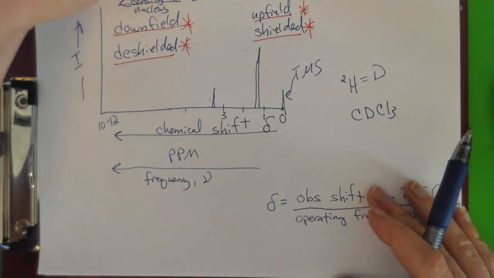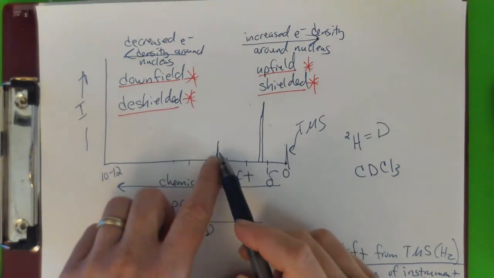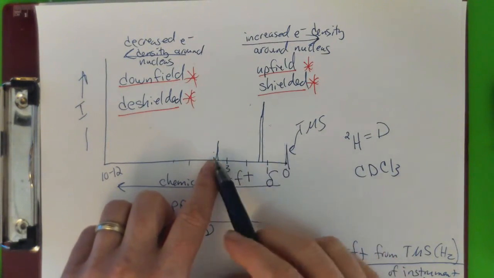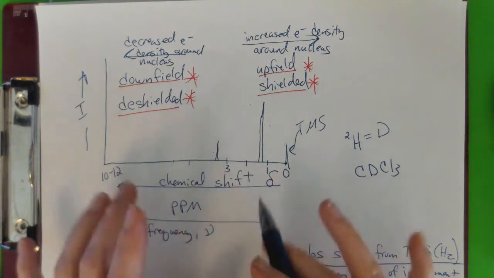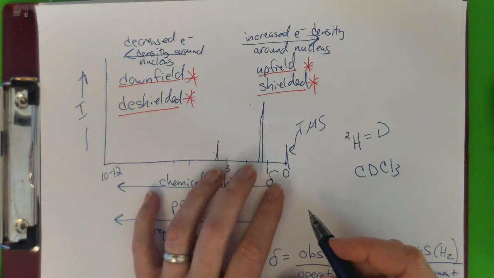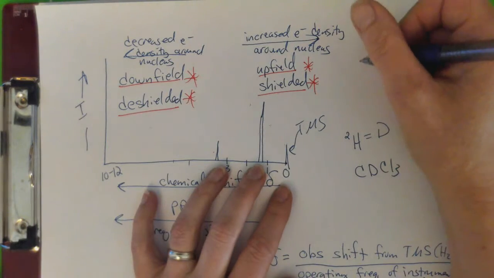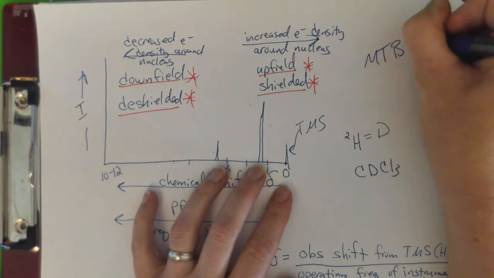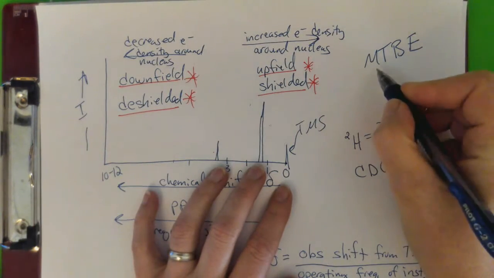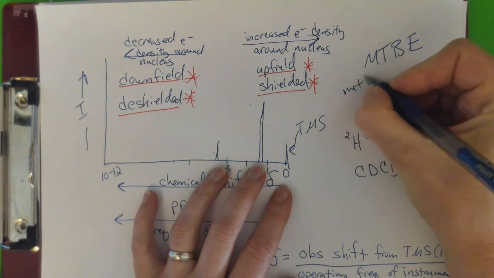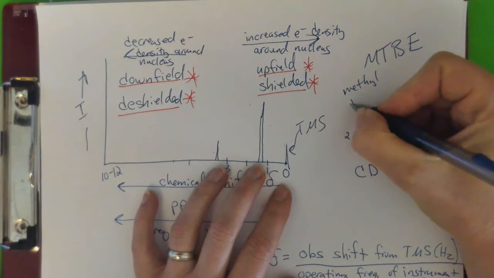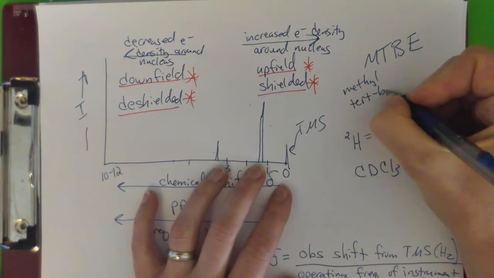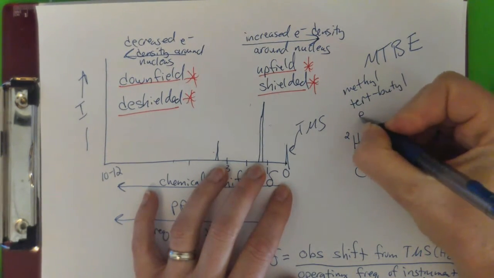So let's go ahead, and I'm going to continue to use this example here. This happens to be what I've drawn out, the proton NMR spectrum for something called MTBE. Okay, this stands for methyl tert-butyl ether.